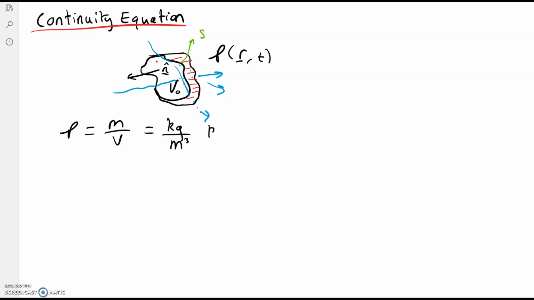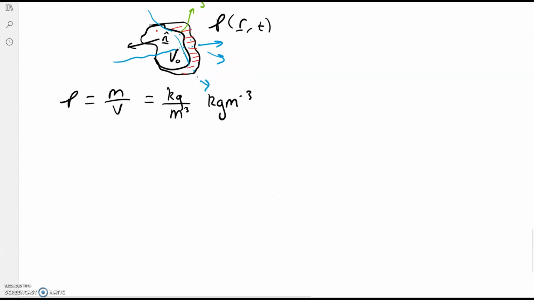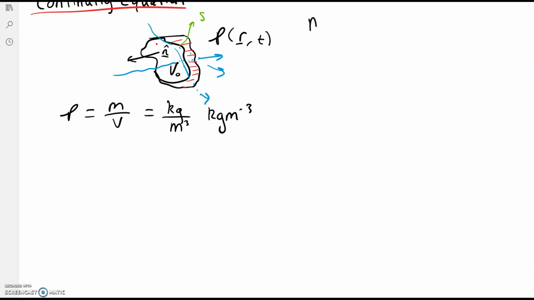So that's what density is, but we want to find out what is the mass of this volume element here.